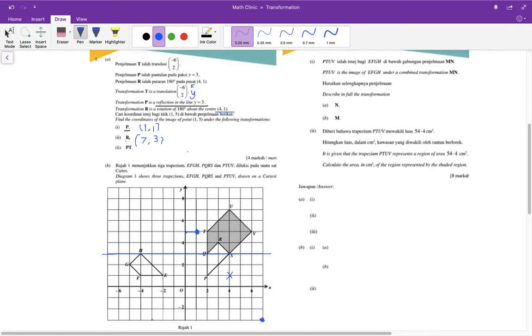So just like 1, 2, 3, 4, 5, 6. Is it 6 blocks? Okay, 1, 2, 3, 4, 5, 6. Yes, 6 blocks. And then you go up. Y, you go up 2. So 1, 2. Okay, and then it comes over here.